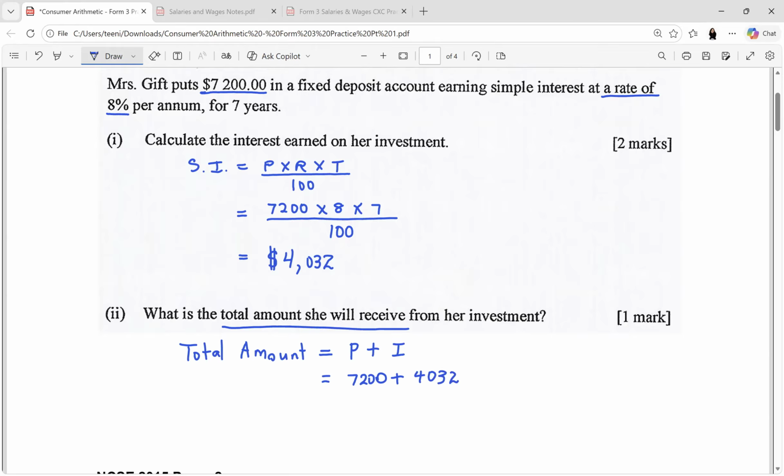Faith, what did you get? $11,323. I think you meant 11,232. Is that what you meant?